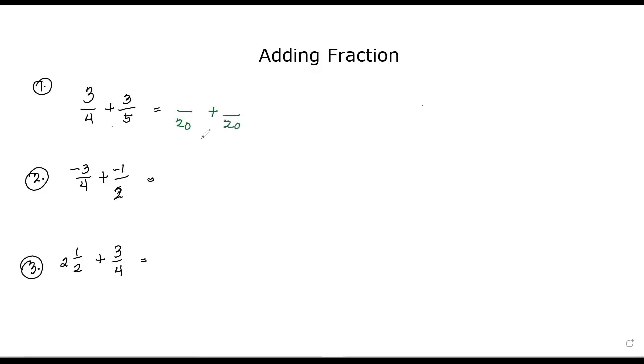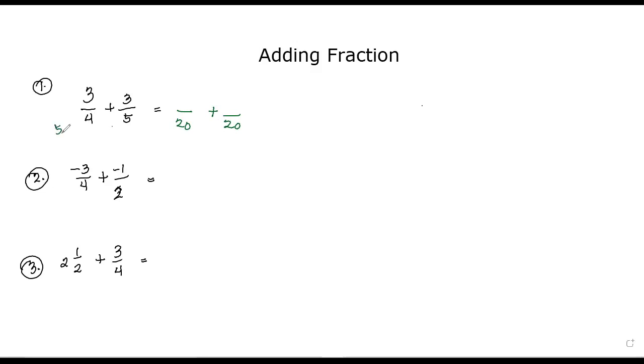After getting the LCD of the fractions, we need to divide the LCD by the denominator. 20 divided by 4, the answer is 5.